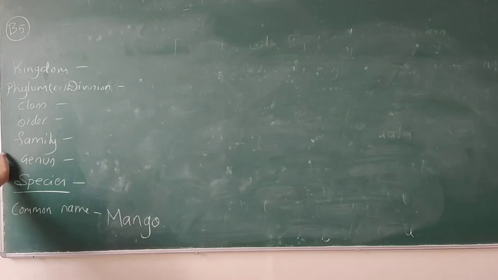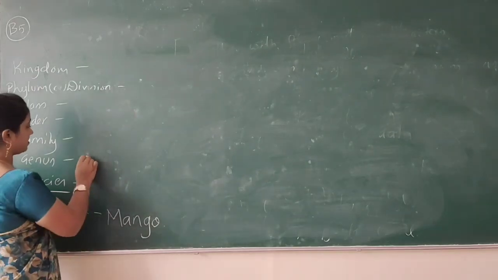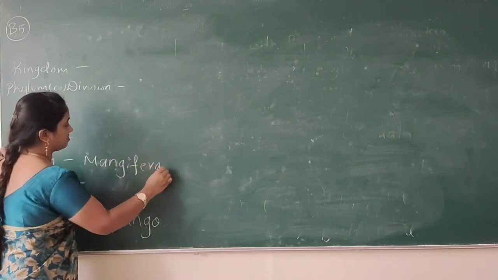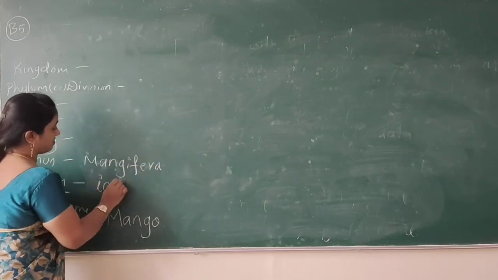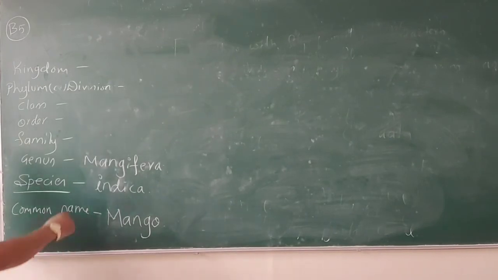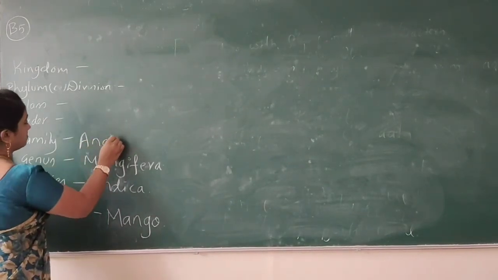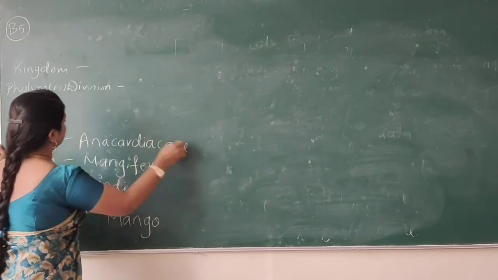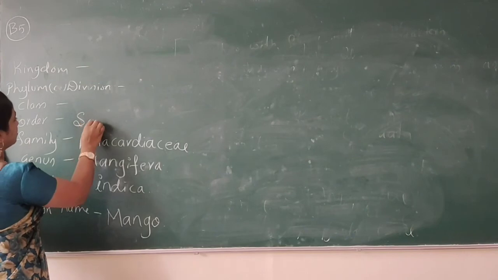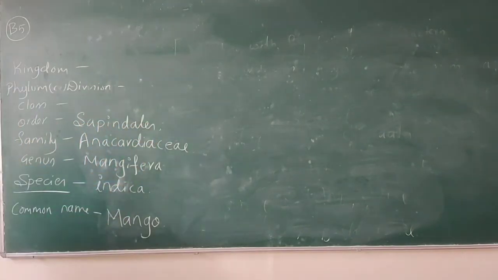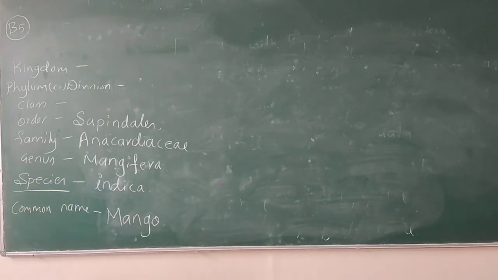The scientific name of the mango is Mangifera indica, and this belongs to the family Anacardiaceae. Anacardiaceae belongs to the order Sapindales. Okay, just follow this order, Sapindales.